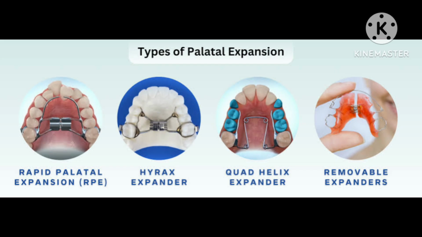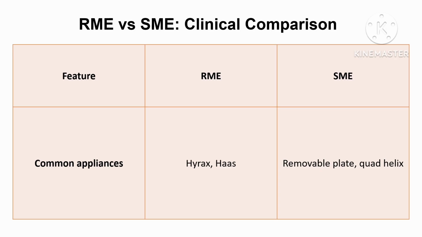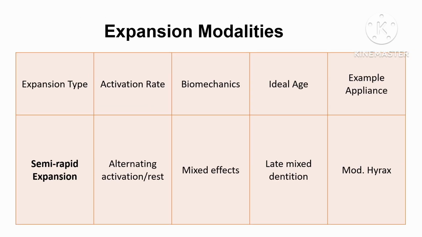Semi-rigid expansion is a form of maxillary expansion that sits midway between slow and rapid methods in terms of force levels, activation rate, and biological response. Commonly, activation is about 0.25 mm per day. That means a once daily screw turn, producing expansion over 4 to 6 weeks.